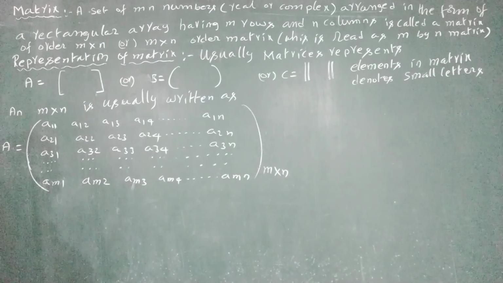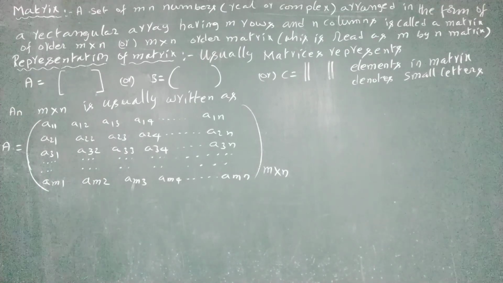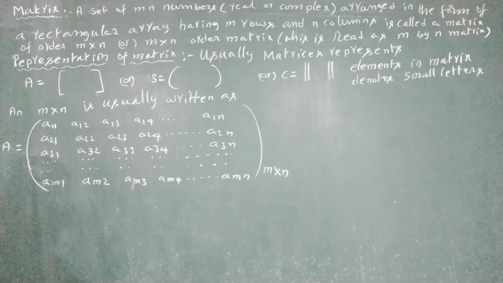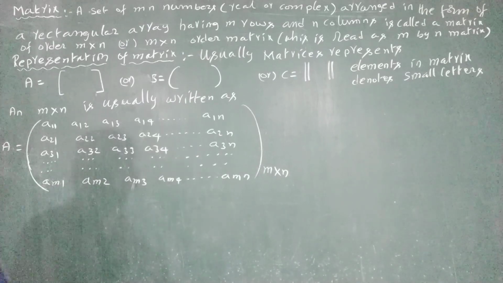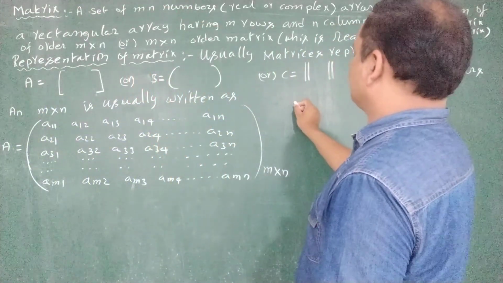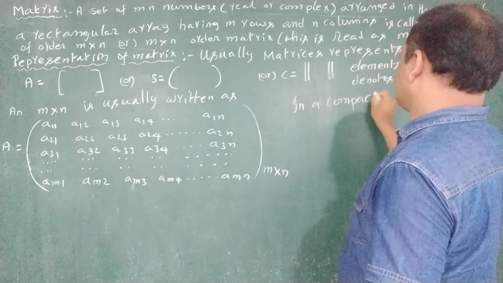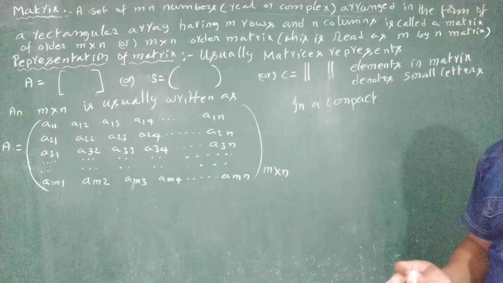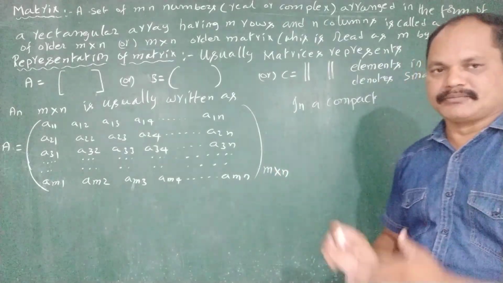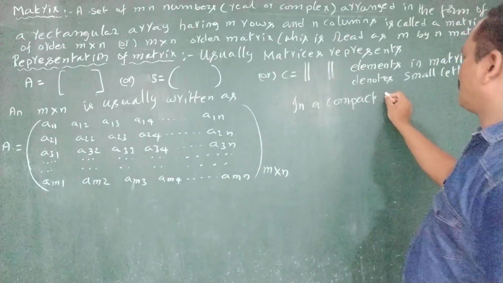This can be represented in a compact form. Compact form means a simple notation, a matrix notation.